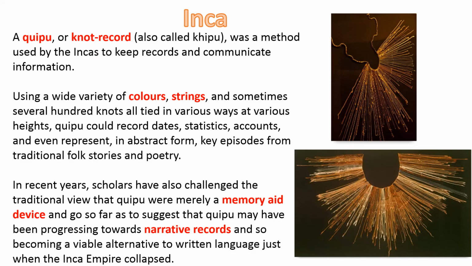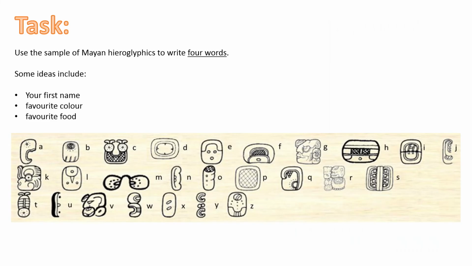Well done, everyone. So now for your task, I want you to use a sample of Mayan hieroglyphics to write 4 words. Some ideas include you can write your first name, your favorite color, your favorite food, or anything. So this will be put on the school website as well for you to access.